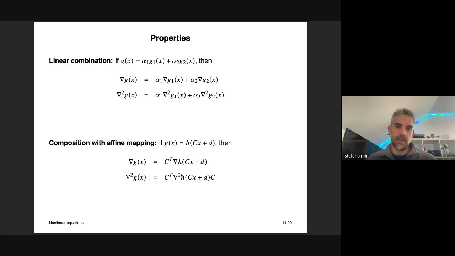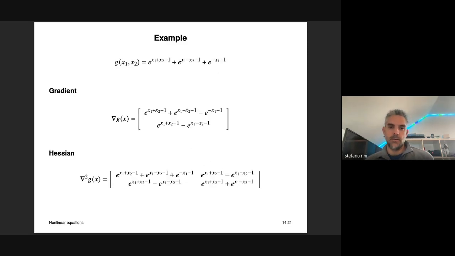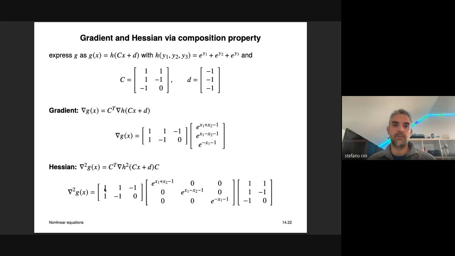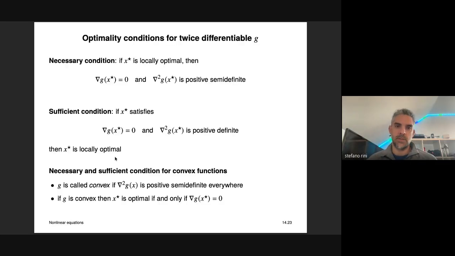But if you multiply by a constant, then this constant comes in front. Notice that when we have the Nabla square operator, we have a constant in front and a constant in the back. Yeah, some example of a function here that we're trying to solve. Nabla square, gradient versus Hessian. So when we do the linear approximation, then we can use this quadratic term.